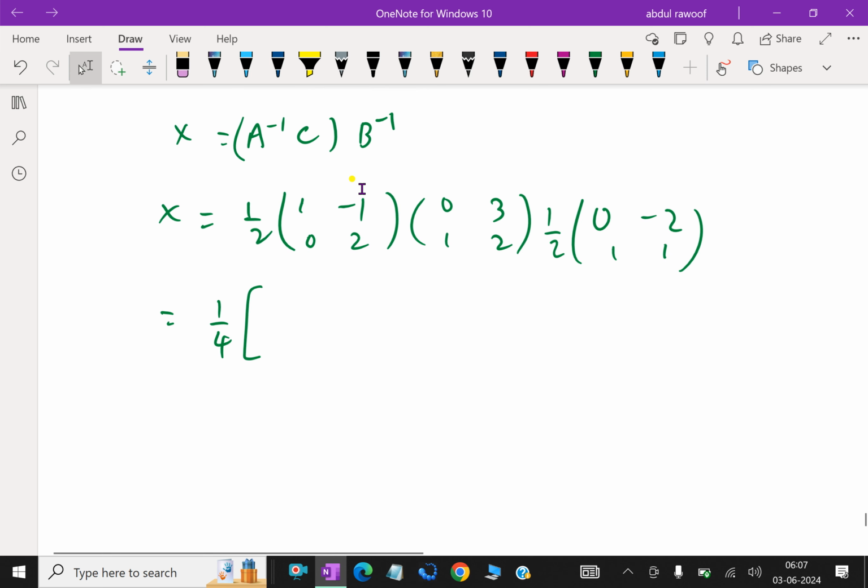Now we have to multiply these two matrices first. 1 into 0 minus 1 is minus 1. Then 1 into 3 is 3, minus 1 into 2 is minus 2, that is 1.